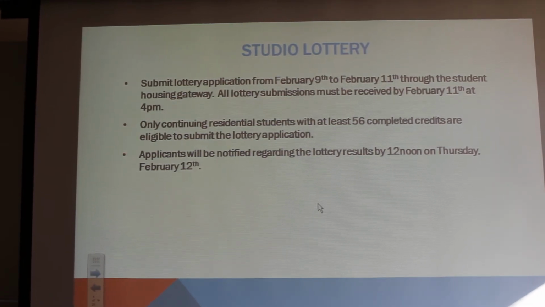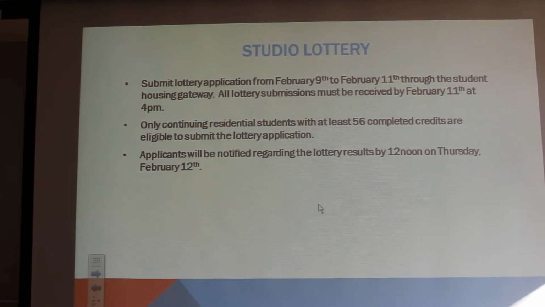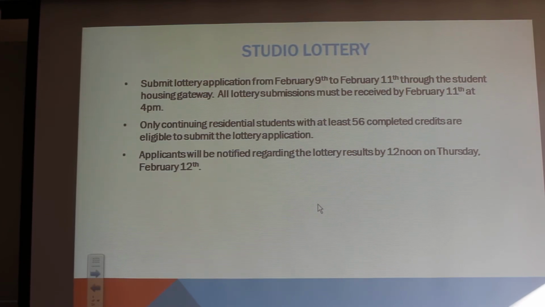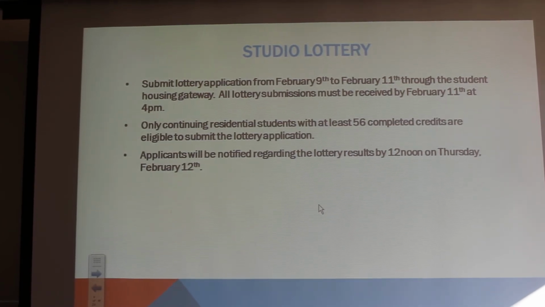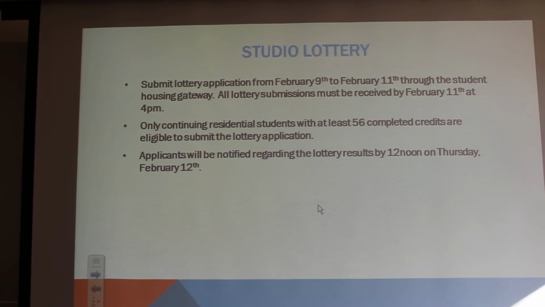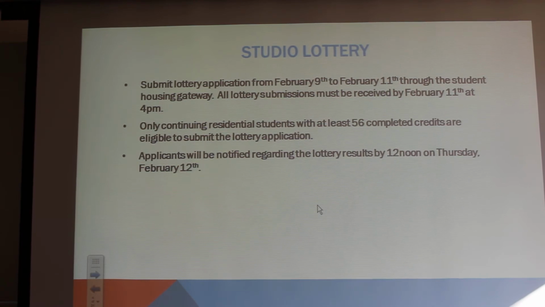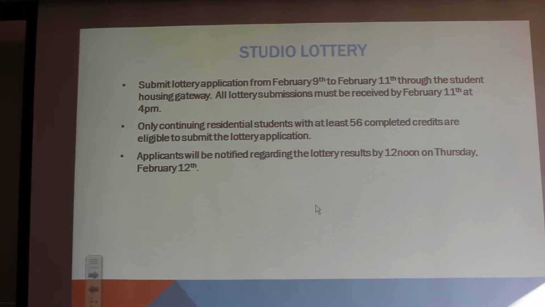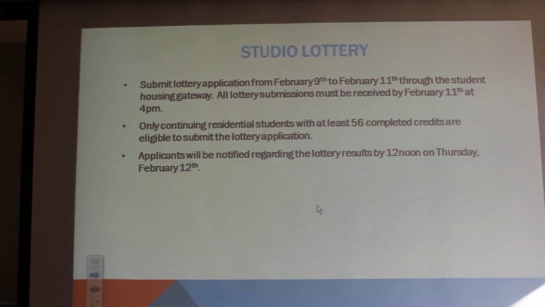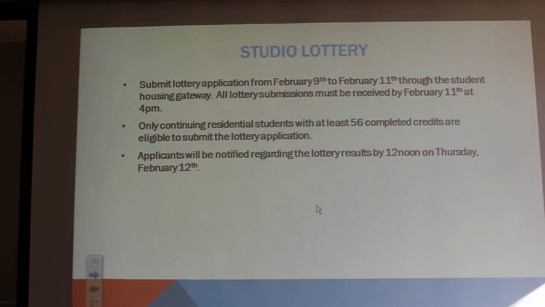All lottery submissions must be received by February 11th at 4 p.m. Only continuing residential students with at least 56 completed credits are eligible to submit the lottery application. So only rising juniors and seniors are eligible for this process. Applicants will be notified regarding the lottery results by 12 noon on Thursday, February 12th.